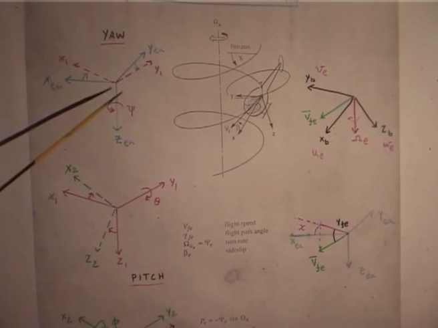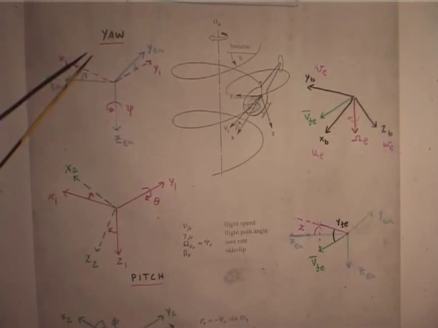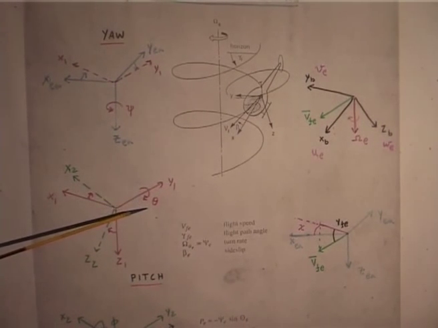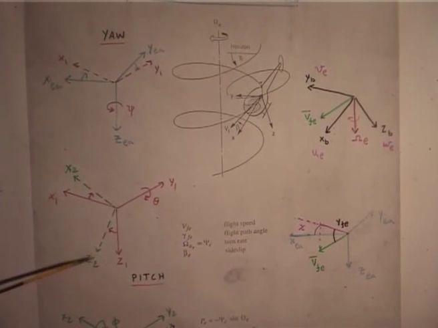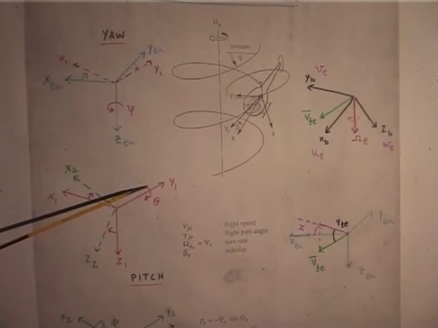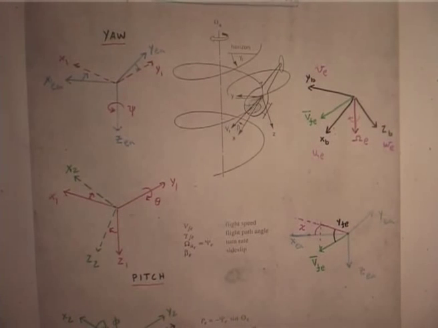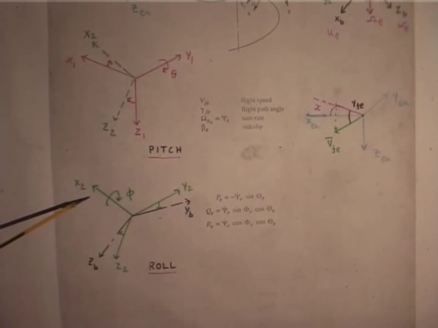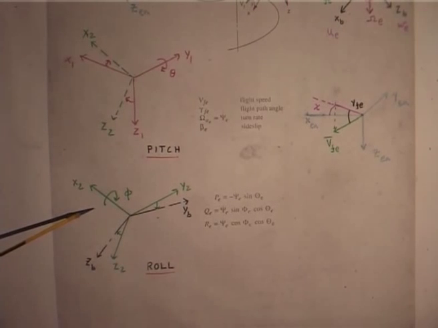Then you take x1, y1, z1 and give a pitch rotation, and you will get x2, y2, z2, where y2 and y1 are the same. Next you go to the roll about x2.